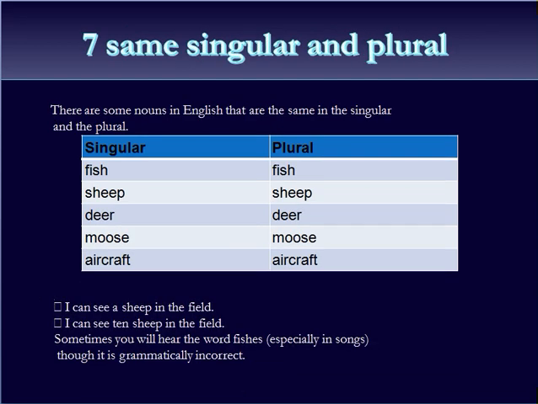Okay. There are some singular and plural which are the same. The same noun is used as singular and as plural both, like fish and fish, sheep, sheep, deer, deer, moose, moose, aircraft, aircraft.